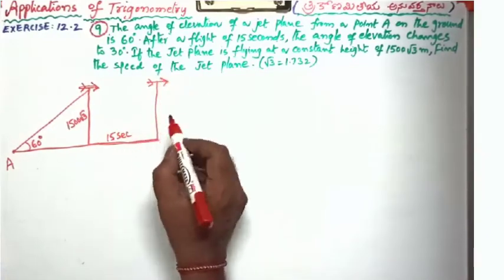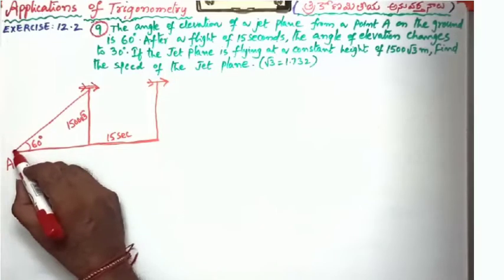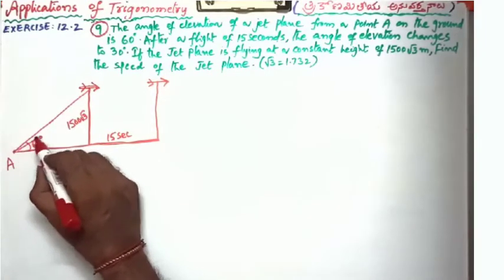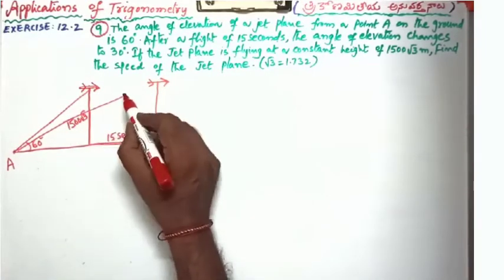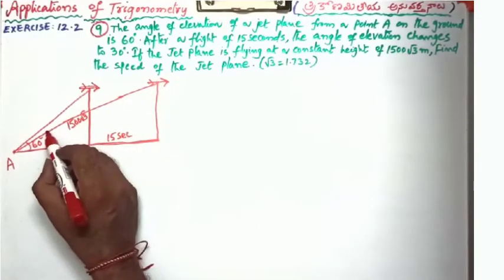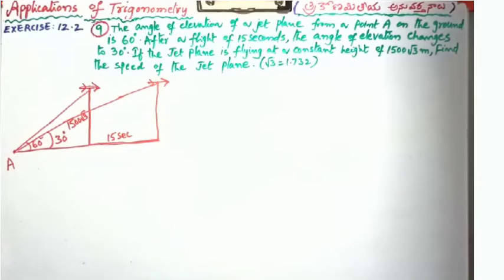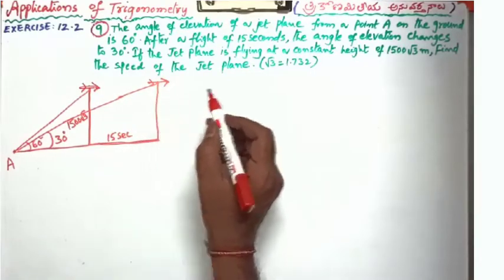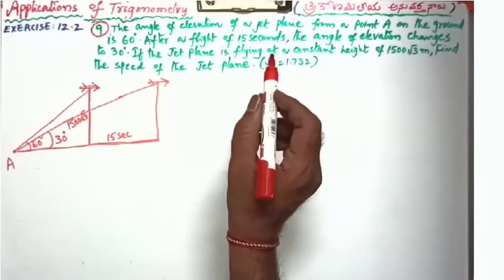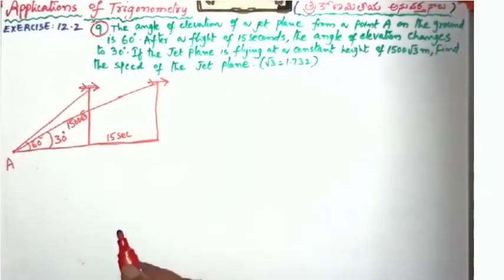So now this time the angle of elevation changes into 30 degrees. Okay, so this is the diagram for the given problem.